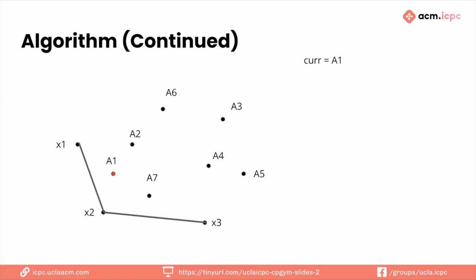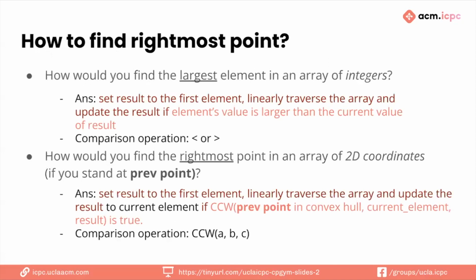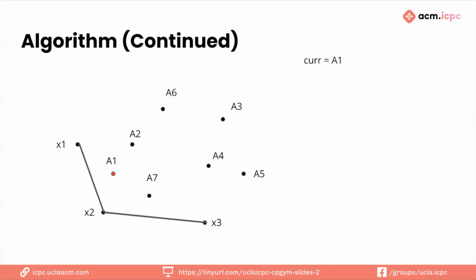So we start from the first one. The current element is A1, and the result so far is also A1. We said the first point.